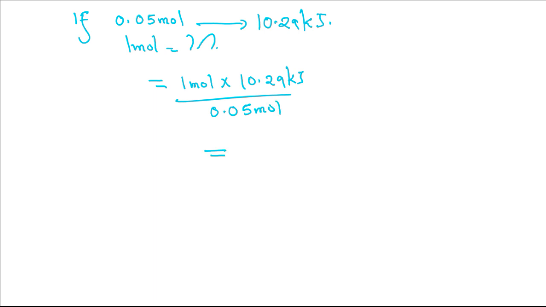If we divide, 10.29 divided by 0.05 gives 205.8 kilojoule per mole.